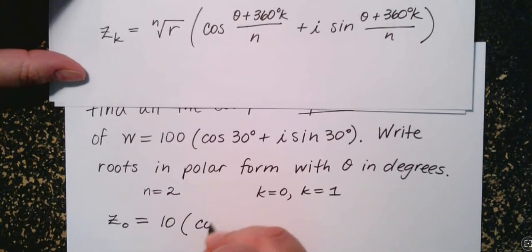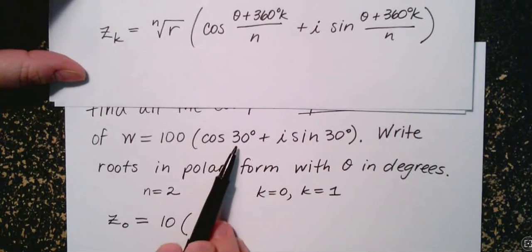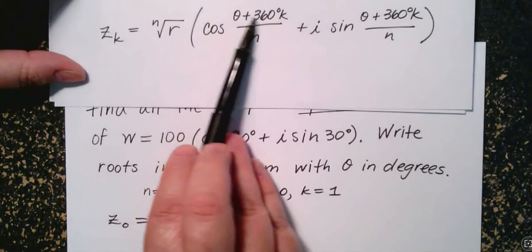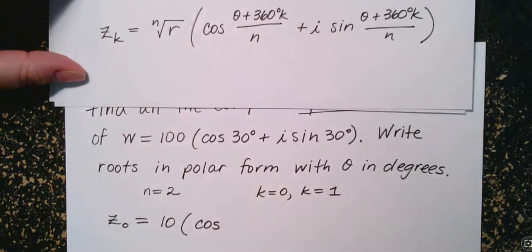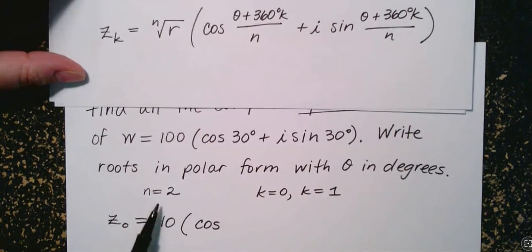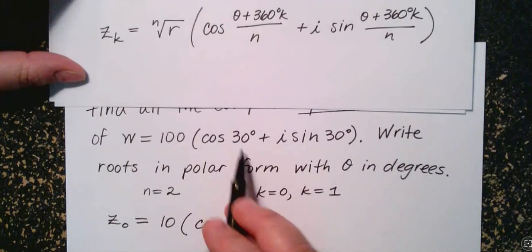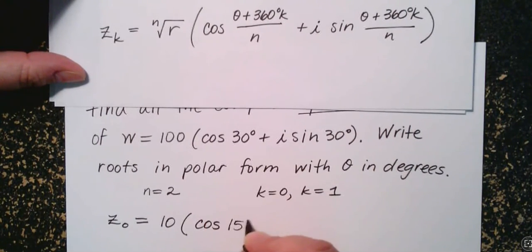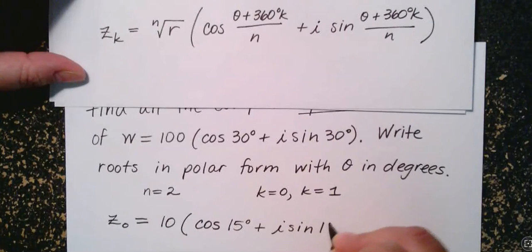Then I have the cosine of my angle here, theta was 30. 30 plus 360 times 0 is still going to just be 30, but I have to divide it by n, and n here is 2. So my 30 gets divided by 2 and I get 15. Plus, and then the same thing happens for what I'm taking the sine of, same angle.